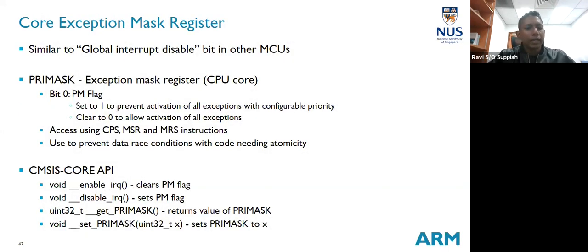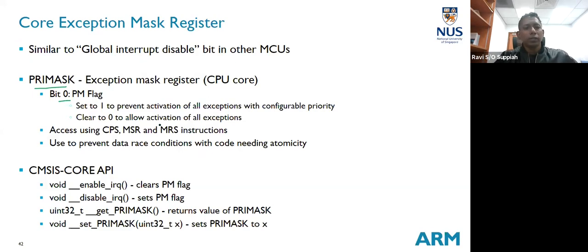In terms of overall global interrupt, if you remember your Arduino, there's also a global interrupt enable and disable. Almost all processors have this. In our case, there's a global mask register called the PRIMASK register, and bit 0 configures this global enable and disable.